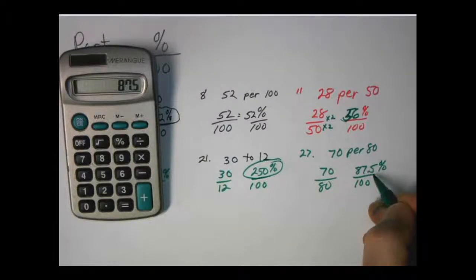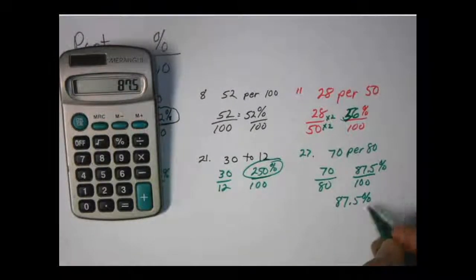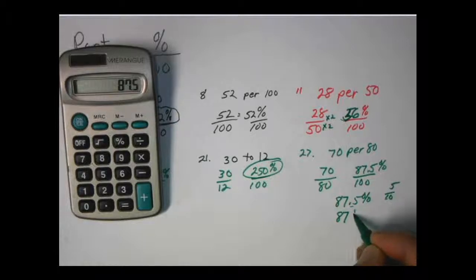It's okay to have a decimal percent. We can write it that way. Or we notice that this is 5/10, and 5/10 is really a half. We could also write it this way and be just as fine, perfectly acceptable, not a problem at all.